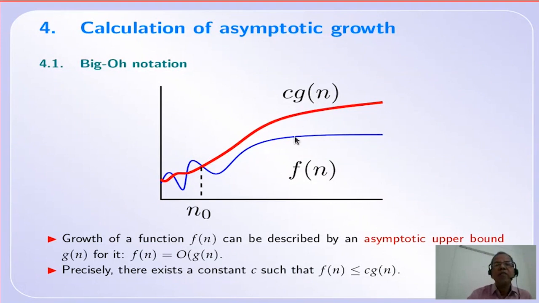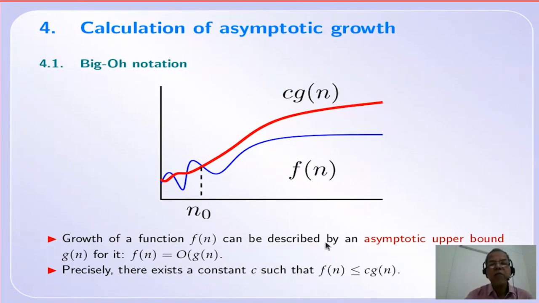We are given a function f of n. Informally, when n is very large, if g of n is always greater than or equal to f of n, we say that g of n is an upper bound of f of n. Or we simply read f of n is big O of g of n.